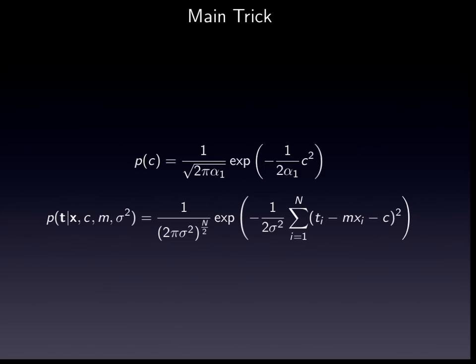So instead of w, we've got c and m, and then I've also got sigma squared in, is just the likelihood we had before. Seen this several times. Because we've assumed IID, we've pulled the sum up here as we've done in our previous derivations. What do we need to do with these two guys to do Bayesian inference?